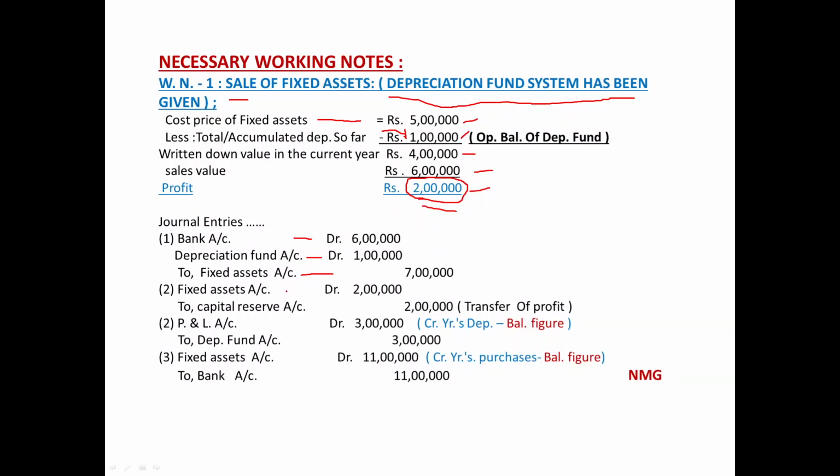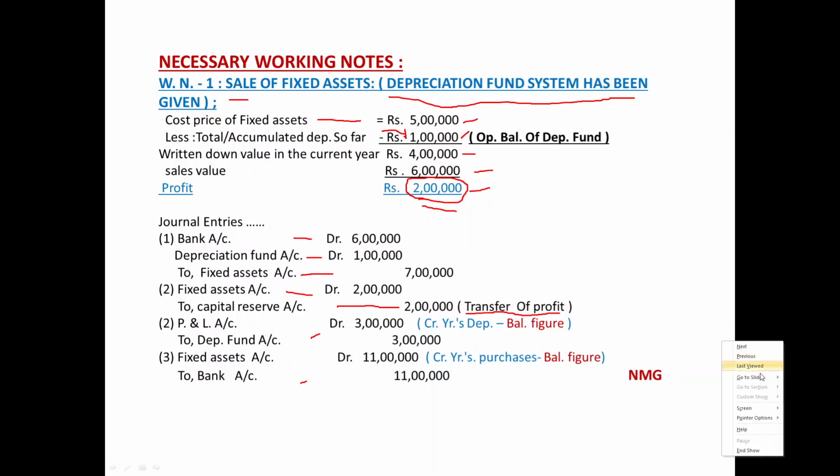And the second JE, fixed assets account debited rupees 2 lakh to capital reserve account credited 2 lakh, because over here profit has been transferred to the capital reserve account. The remaining two entries belong to balancing figures, one for depreciation fund and one for fixed assets account.